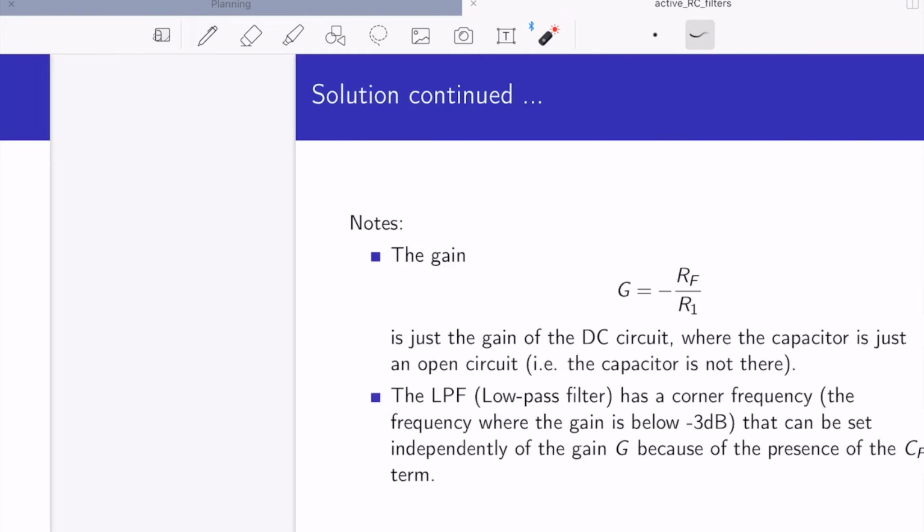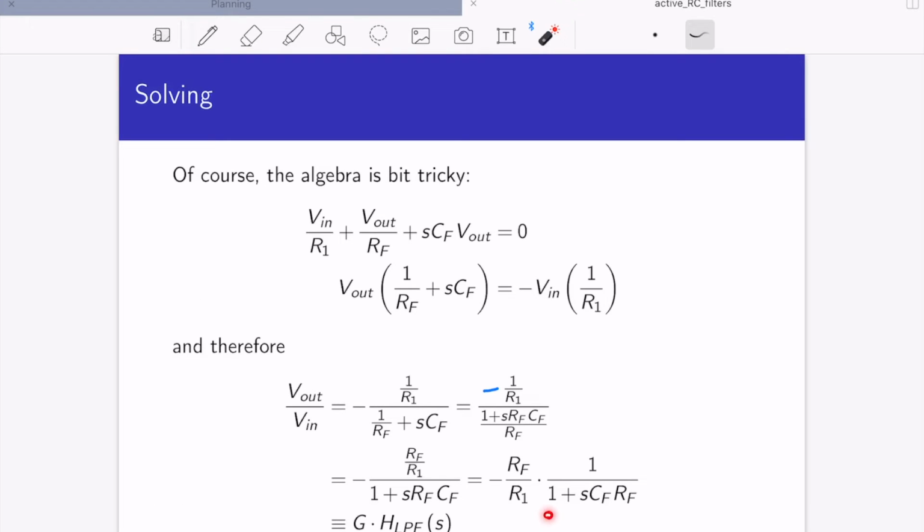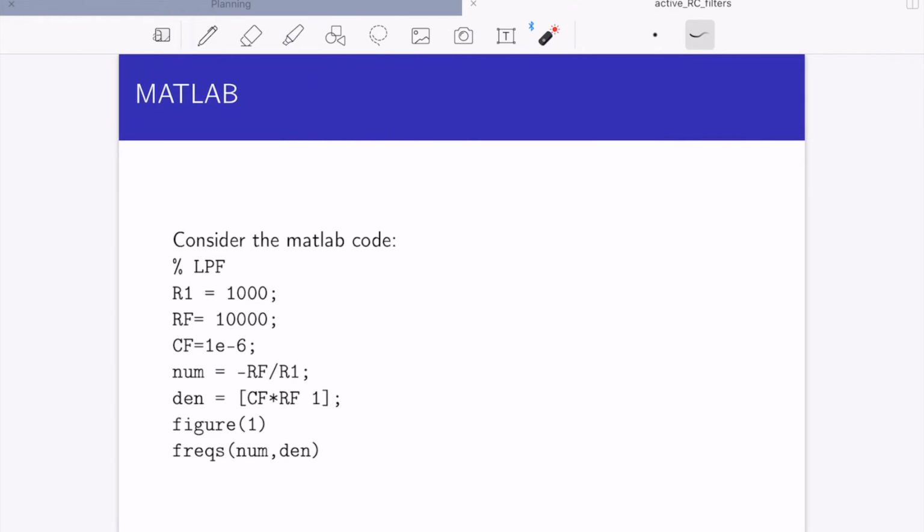So let's go back for a moment. This is 1 plus SCF RF. So when I write this, this is the times S to the 0 term. This one is the times S to the 1 term. So it's important to always put the highest order coefficients on the left side.